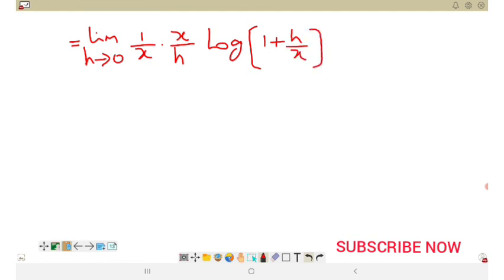Here, by the a log b formula, a into log b is equal to log b power a.